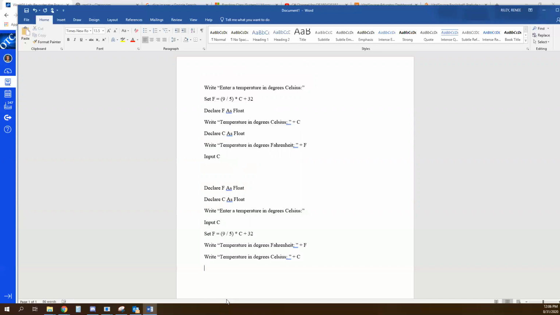So the lines of code that matter as far as order goes: we shouldn't input into a variable unless the variable's been declared. We shouldn't calculate the value of a variable unless the variable's been declared. We can't use a variable in a calculation unless the variable has already been initialized.